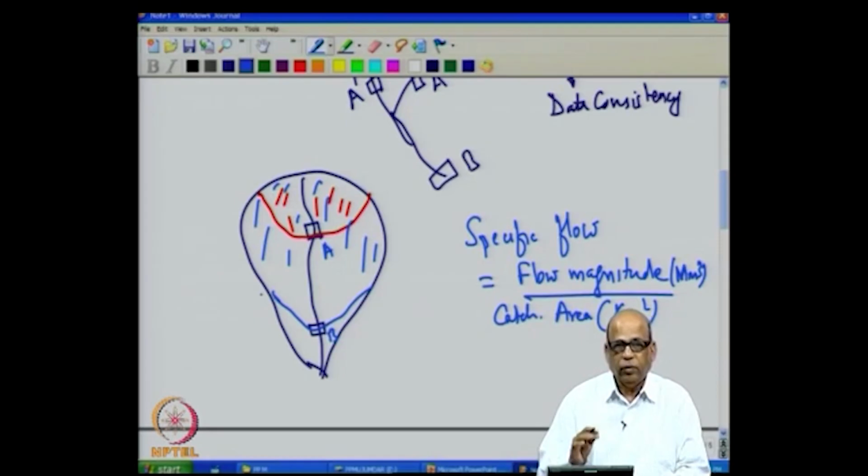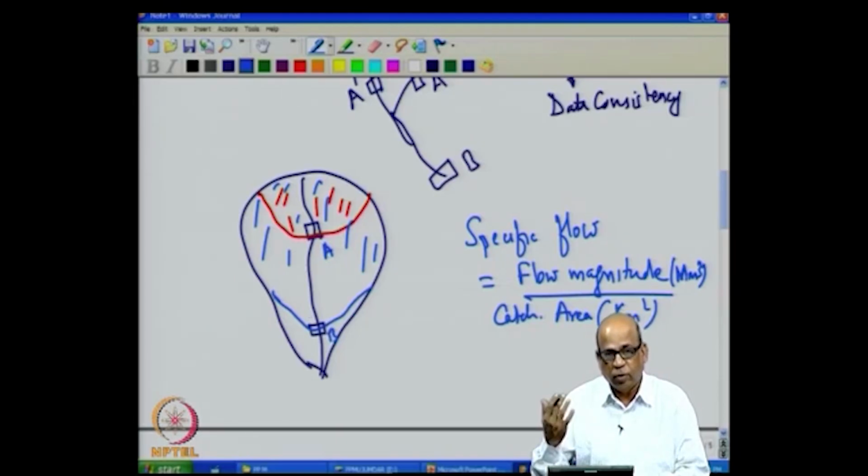If your catchment is in fact homogeneous, then the specific flow that you calculate at this location A and the specific flow that you calculate at B must be the same.